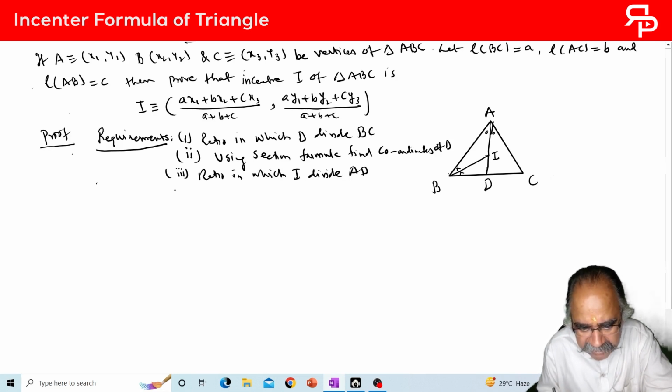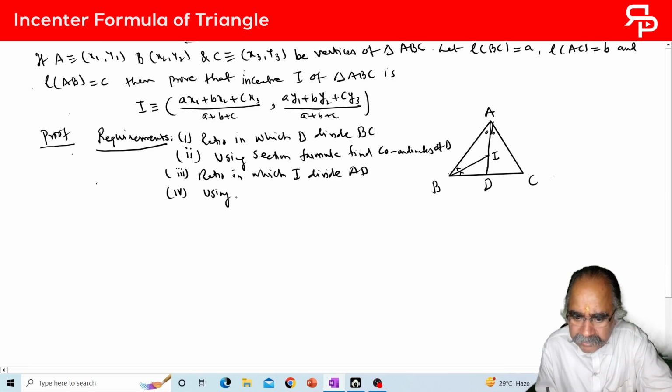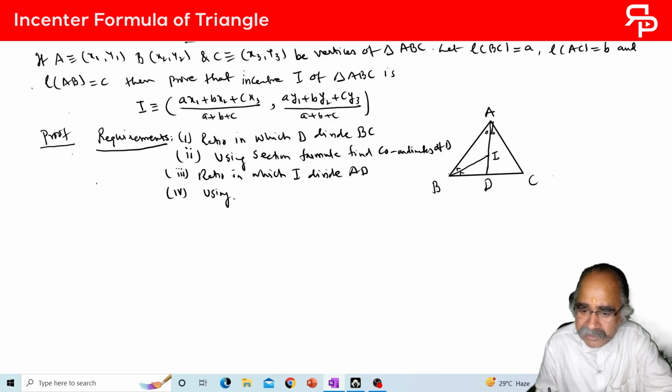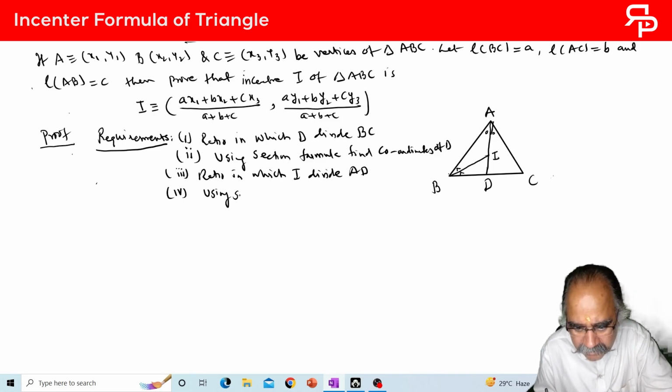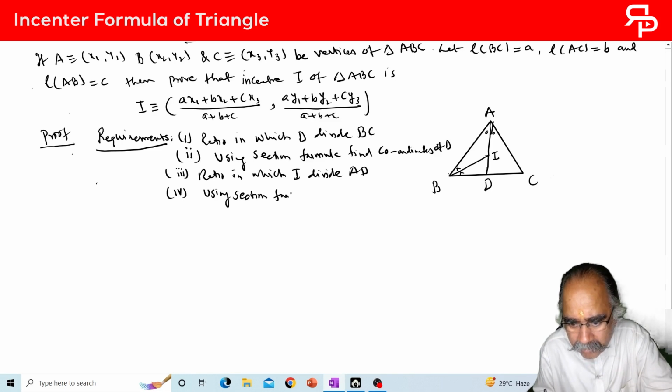And fourth requirement: using the section formula, find the coordinates of I. If you remember all these things, then the proof becomes very easy.